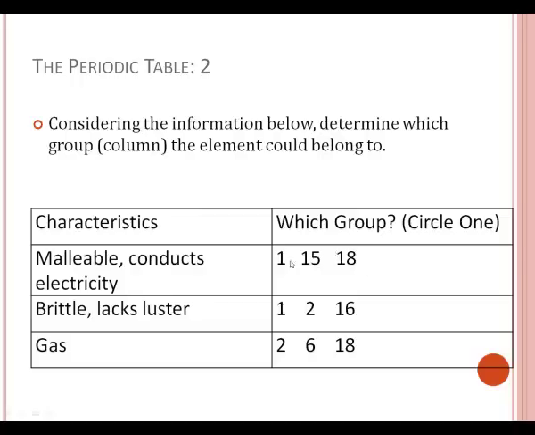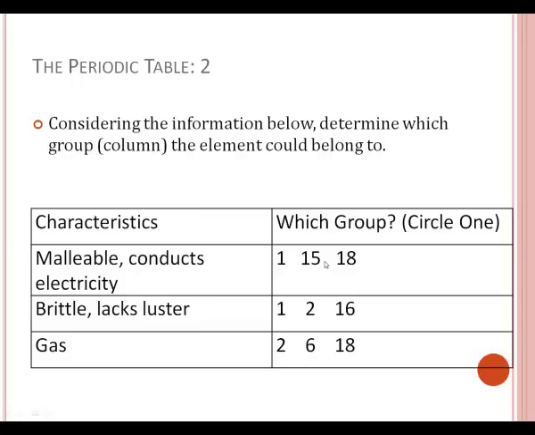The next option is column 15, which has nitrogen, phosphorus, arsenic, antimony. A lot of these are metalloids, and that's because they touch that staircase. Nitrogen is a gas, so it's probably not going to be 15, so that's probably not going to be our best choice.